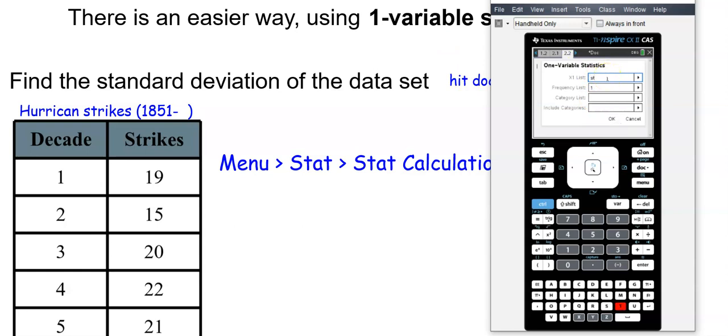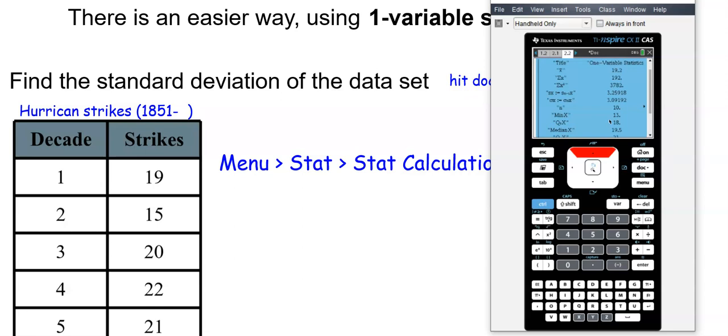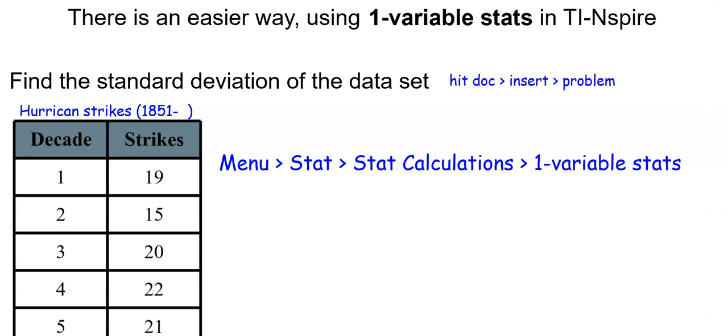So we want the average number of strikes, how spread out the strikes are, etc. So the average value, X bar, is 19.2.